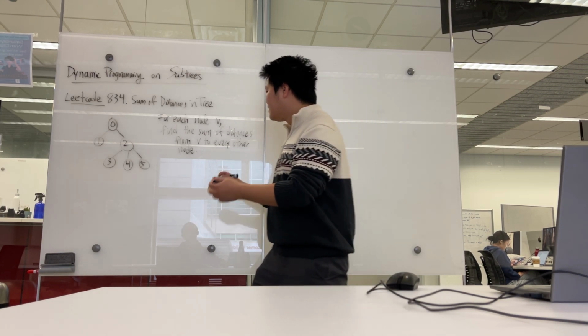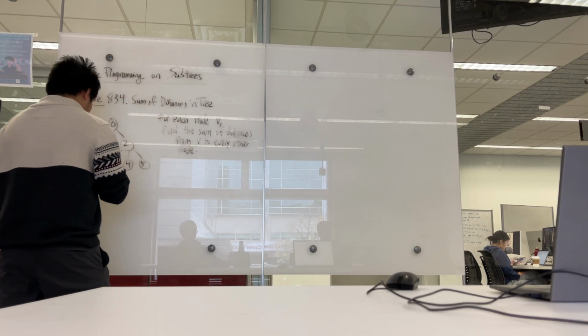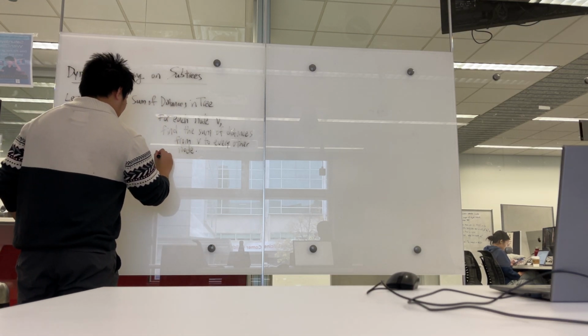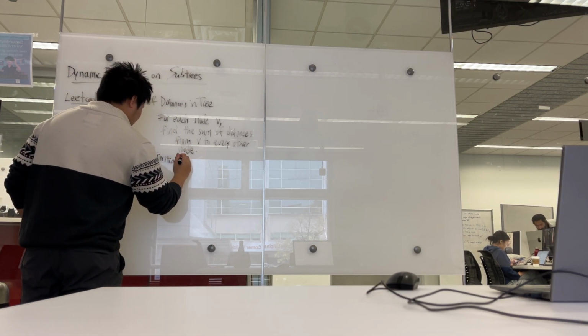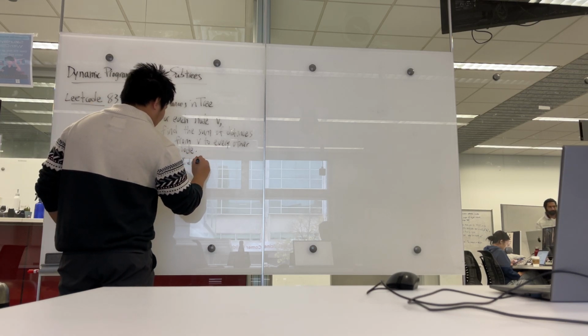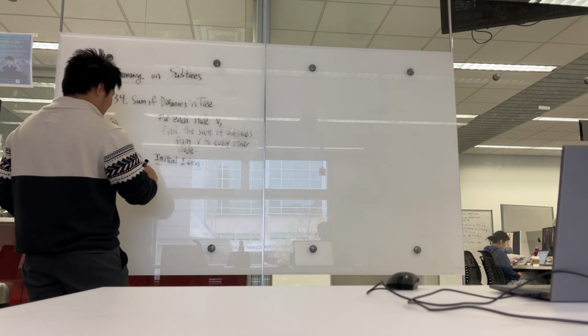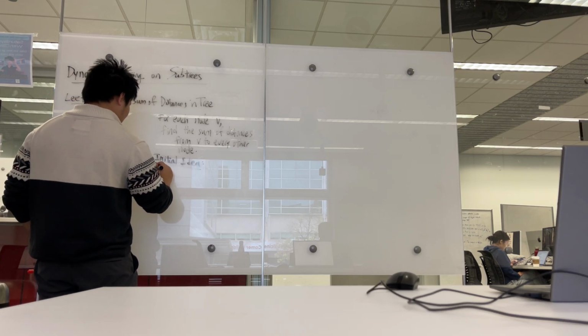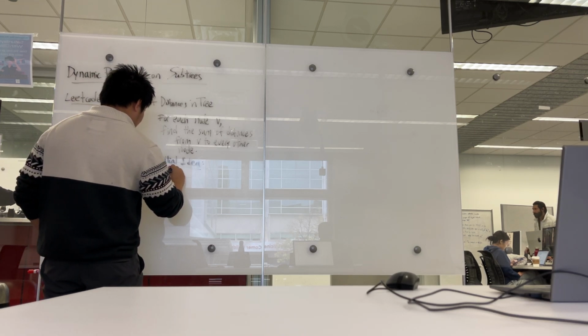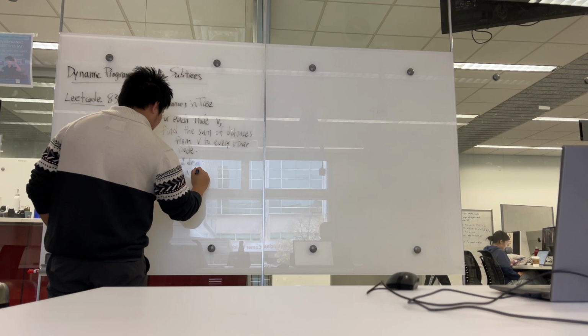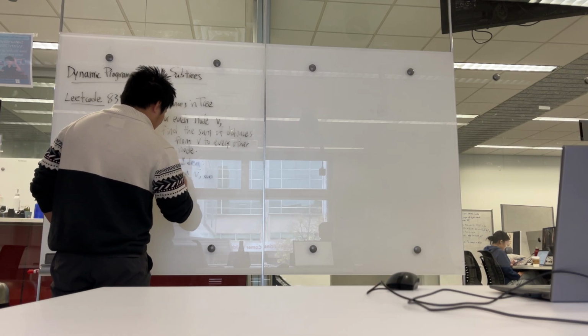Okay. So initial idea is you can do a depth first search from each v.